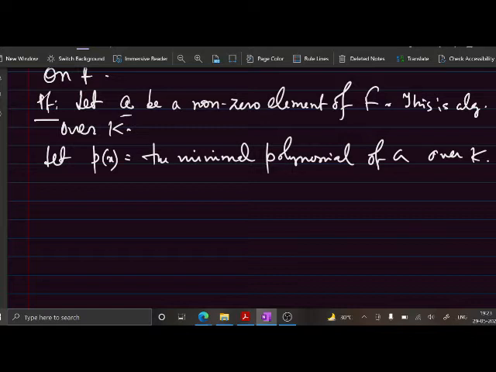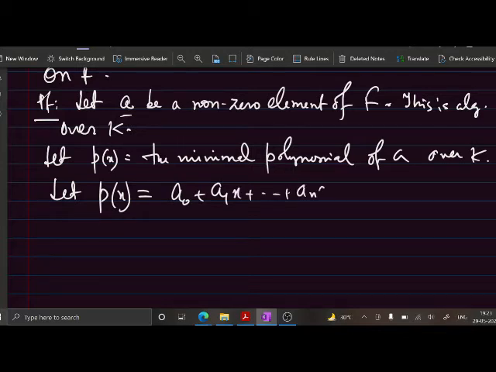Now let p(x) be written as a0 plus a1x plus ... plus x to the power n. So this is a polynomial over K, right?